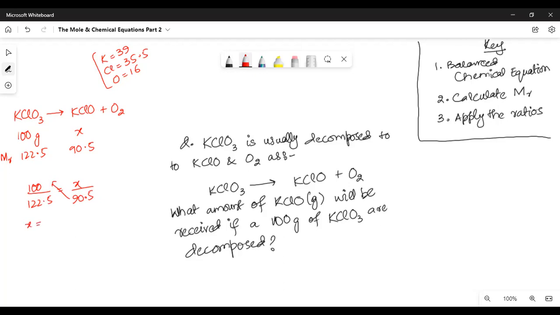So x would become 100 multiplied by 90.5 divided by 122.5. That's what this becomes. X is already on top. Why would we move x? We just need to move 90.5. If you do it this way, you'll see that the answer you got is actually a little bigger. You'll get a smaller answer. Try going with this calculation. Let me know what you get.